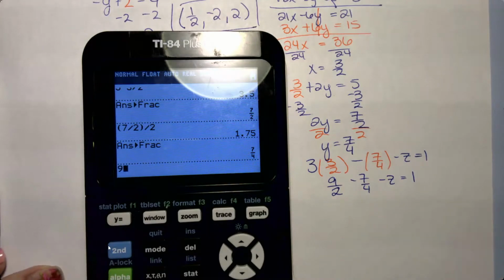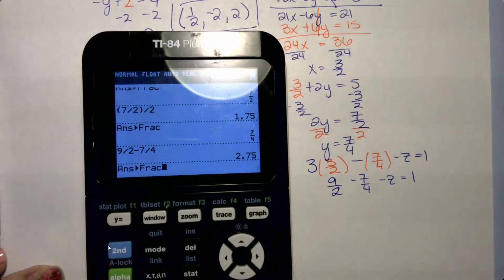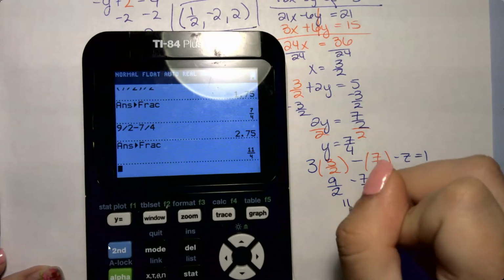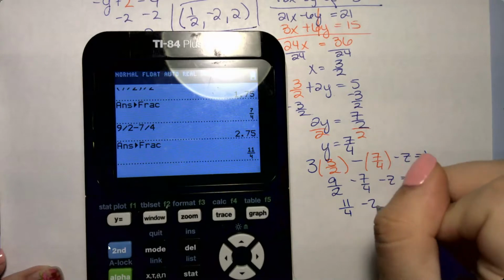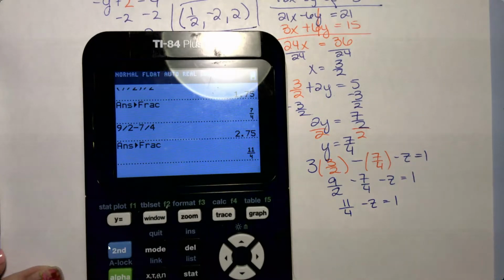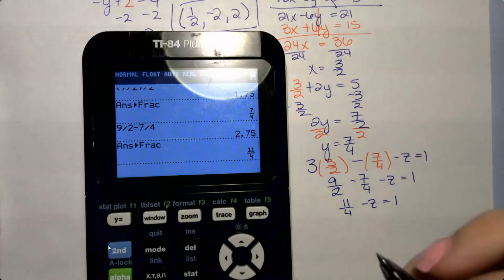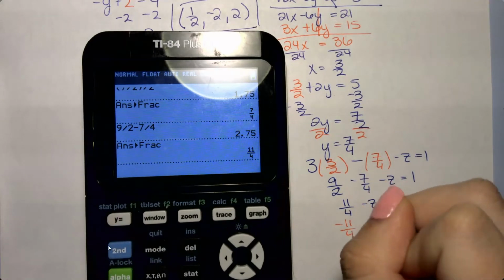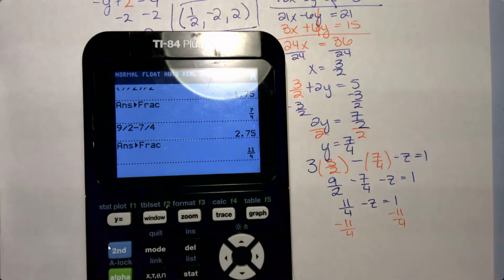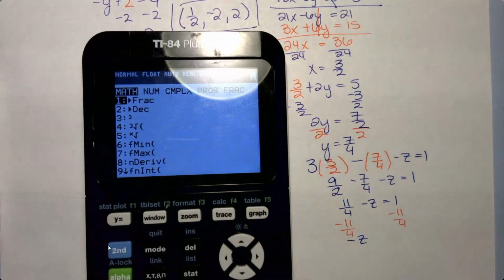So on my calculator, I want to do 9/2 minus 7/4. Turn it back into a fraction. This gives me 11/4 minus z equals 1. I want to go ahead and subtract 11/4 on both sides. So I have negative z, 1 minus 11/4. Turn it back into a fraction.